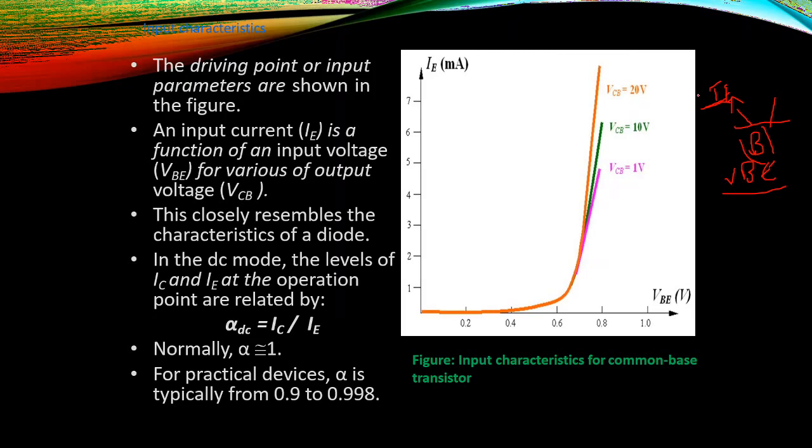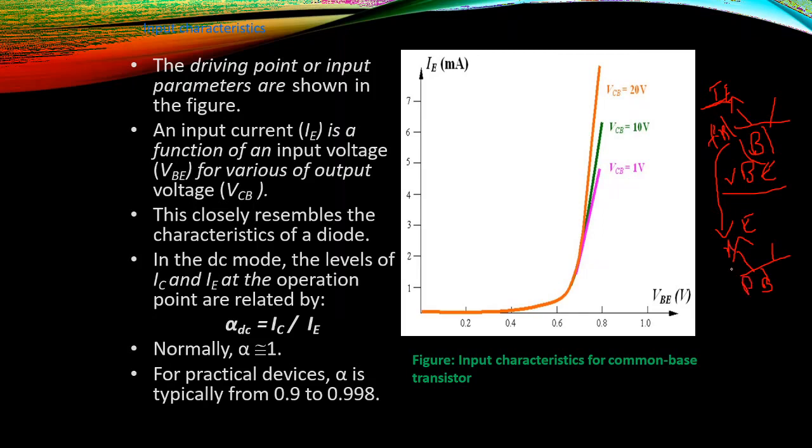For that purpose, I am taking the VBE voltage on the x-axis and the IE current on the y-axis. Since the JE junction is forward biased, only the emitter and base are involved.